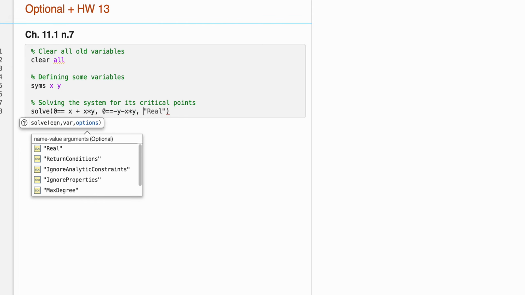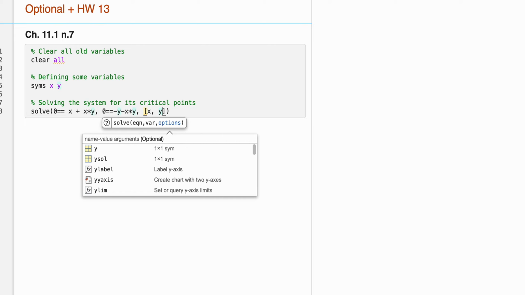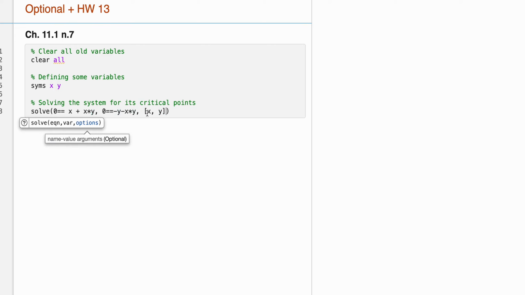We put another comma now, and we want to specify what we want to solve for. We want to solve for x, and we want to solve for y, and this is how you specify. Then we put another comma, and now we want to specify to MATLAB that we only want real answers, and then true. It's something that gets associated with real. I'm not sure why, but I've been told to put it in.